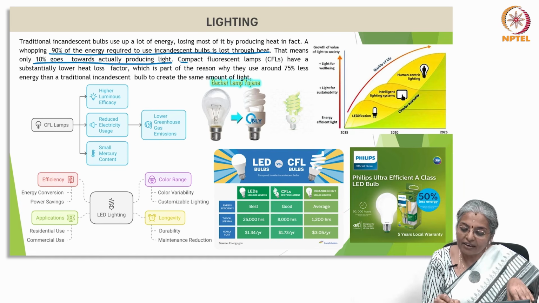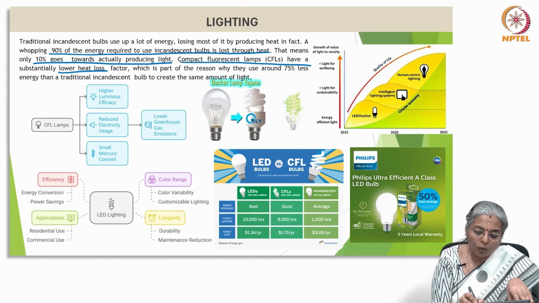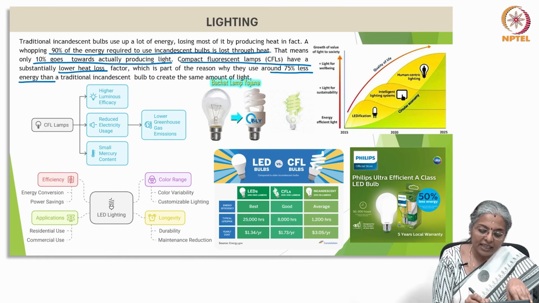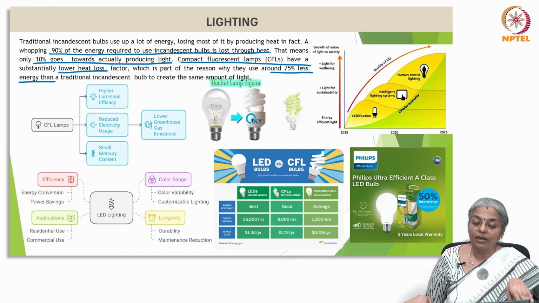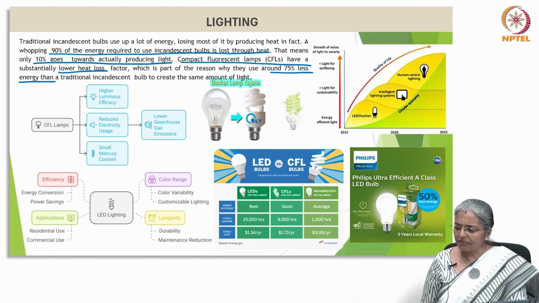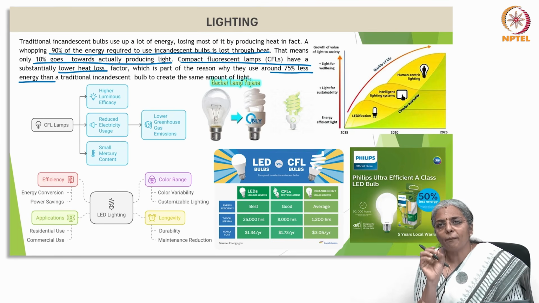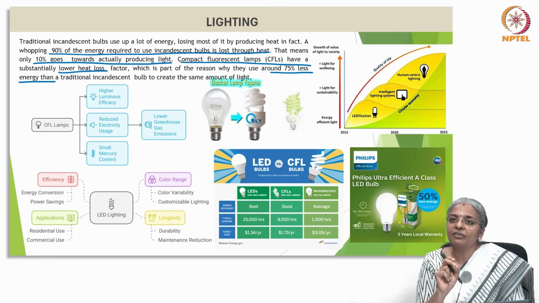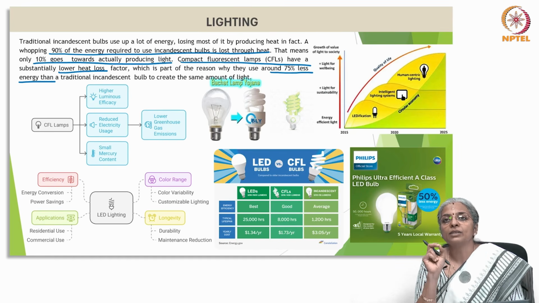Whereas, a CFL has a substantially lower heat loss factor, which is part of the reason why they use around 75% less energy than a traditional incandescent bulb to create the same amount of light. Now, if we look at CFLs, CFLs are a very compact variant of fluorescent lamp, where the overall length is shortened and luminous efficacy is about 4 times higher than the incandescent lamps.